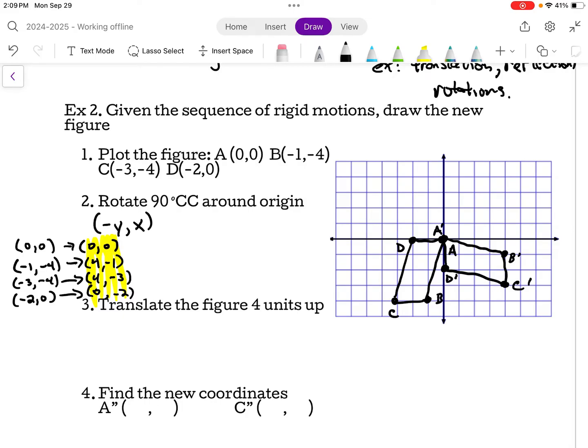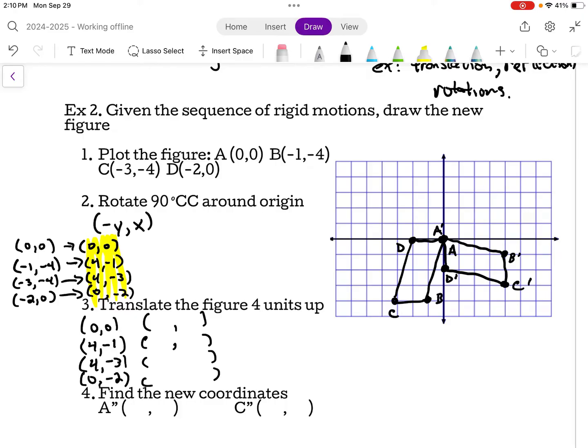Now, after I've done that, step 3 is to now translate this figure 4 units up. So I can take those same points that I just had, the ones in yellow above, and if I'm going to translate this 4 up, I'm changing the y value, and the y value is going to be adding 4 to it.